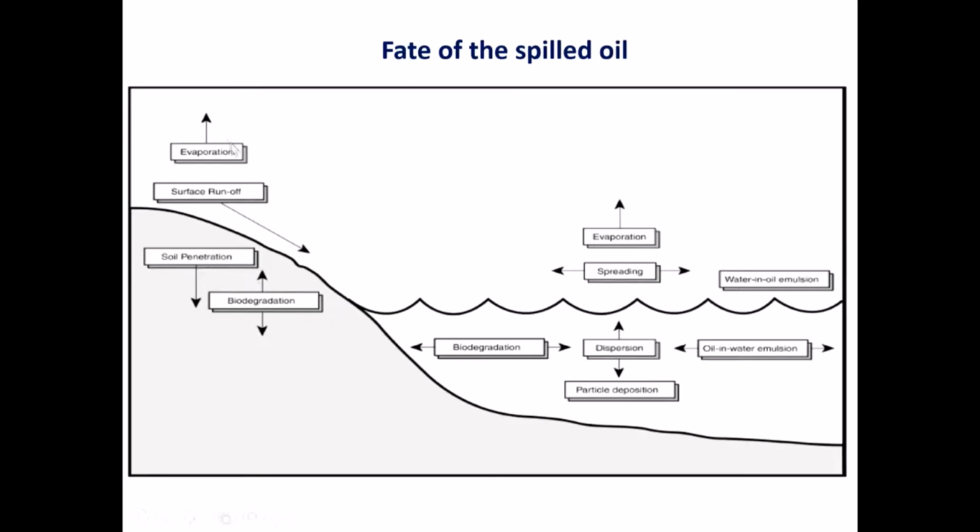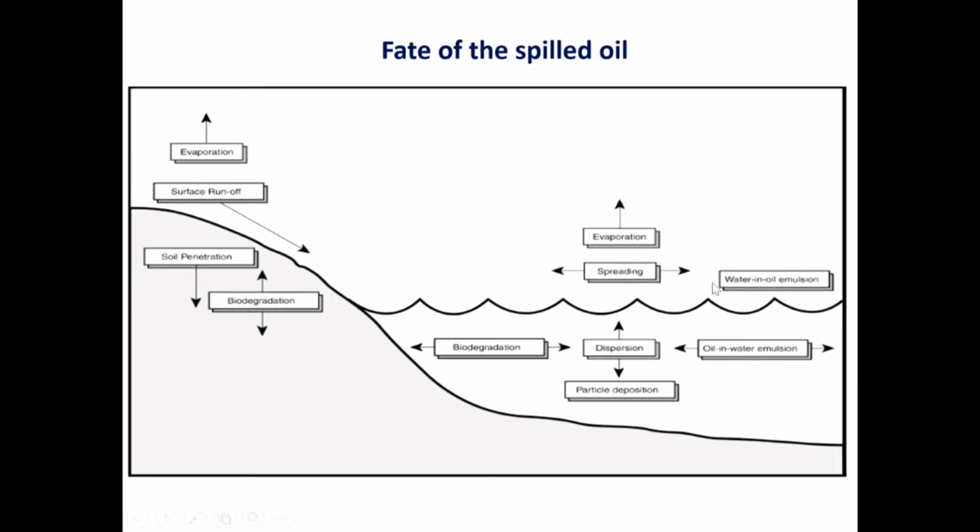Normally the lighter portion gets evaporated, and the remaining oil as tar balls runs off and comes to the ocean. In the ocean, if there is an accident and spreading is taking place, then while spreading, evaporation takes place, then water-in-oil emulsification takes place.